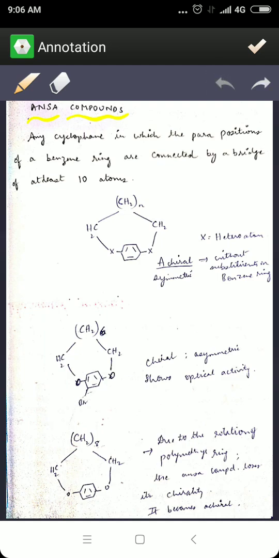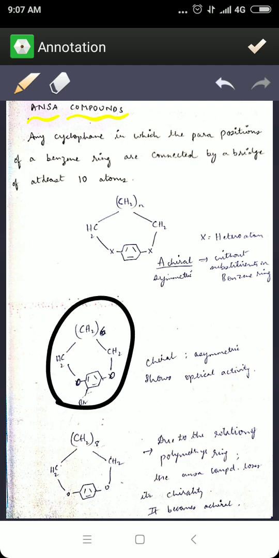There is only one bromine group attached, and no other bromine group in the opposite direction. So when you keep a mirror bisecting the molecule, you can see there is no symmetry in this molecule. It is asymmetric, which means it has chirality. So it is a chiral molecule because it is asymmetric. This kind of molecule shows optical activity.